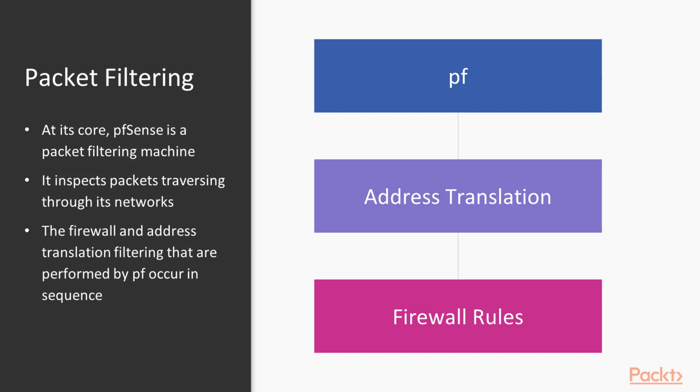Address translation is generally processed ahead of other firewall rules and includes both network address translation, otherwise known as NAT, and also port address translation, which is sometimes called PAT, but more generally called port forwarding. Address translation basically takes network traffic from one interface and passes it to another interface under a specific set of circumstances.